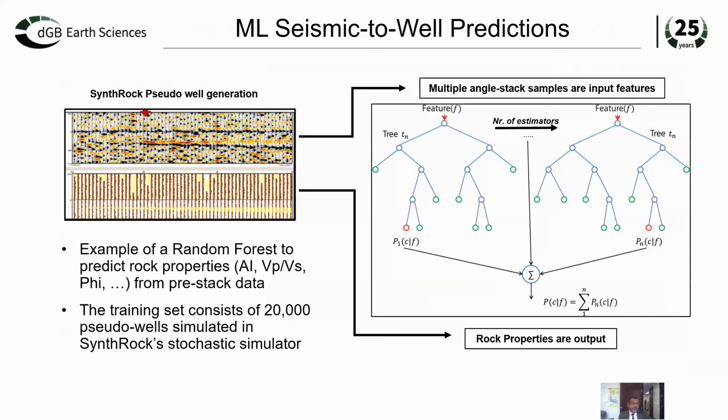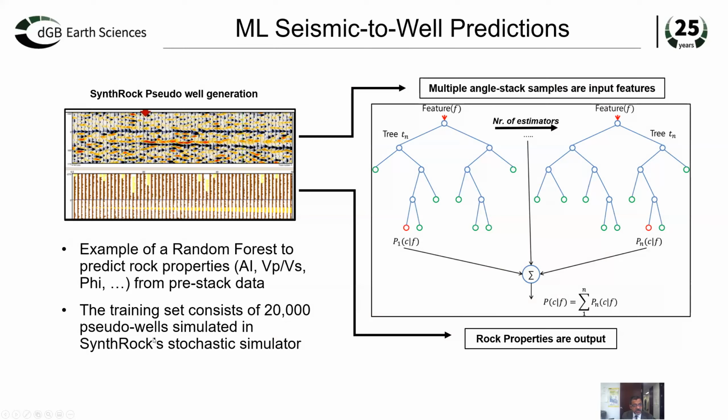Now, the last example I want to define is the one we explained many times before, the hit cube inversion, which is a pseudo well generation using synthetic properties and then simulating those properties. In this case, we've defined the property ranges and used random forest to predict the VPVS ratio, porosity, and impedance from pre-stack data.